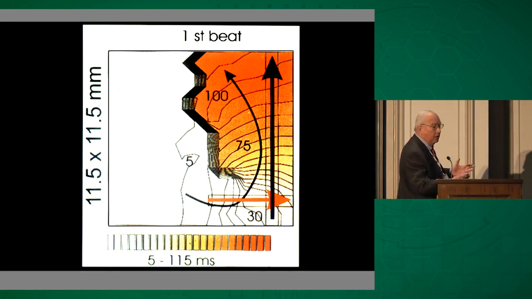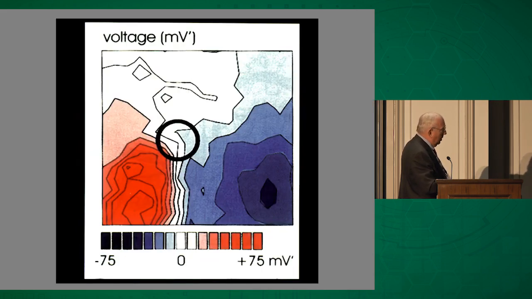And then he could follow the activation fronts after the shock. And what he saw, and notice that you don't have that rapid change up here. Here's where the rapid change is, right here. Well, what he saw was an activation front launched from there immediately after the shock, 5 milliseconds after the shock, that went around and formed reentry around this area, and then went back and degenerated into VF.